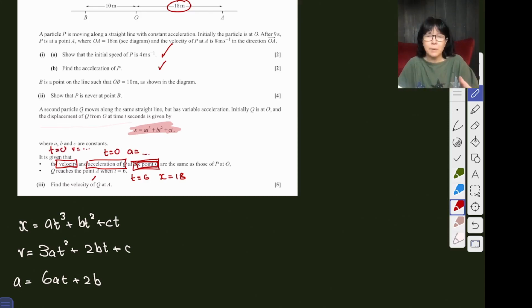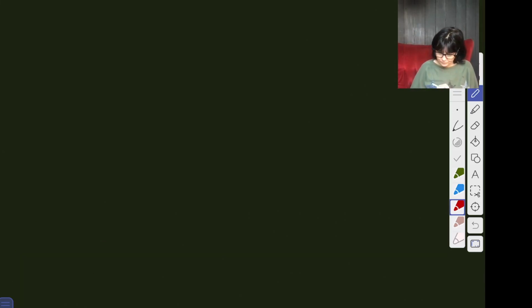So those 3 pieces of information have to be subbed into the 3 relevant equations, and then you will get 3 equations, each of which have got an A and a B and a C. And then you'll use simultaneous equations to find the A and the B and the C. Pure modelling question. Then it says what's the velocity at the point. So now we know the velocity equation without any unknowns in, then we can find the velocity at that particular point. And that's the end.